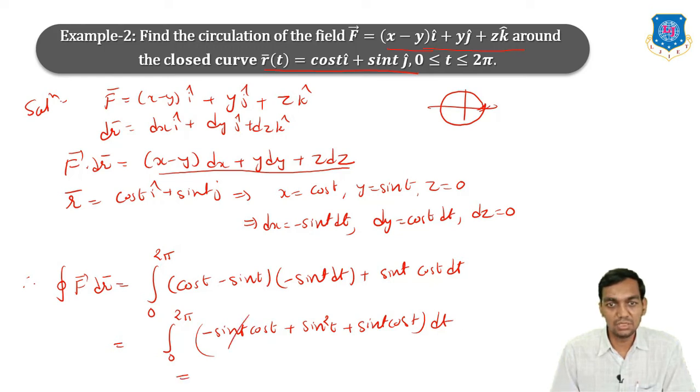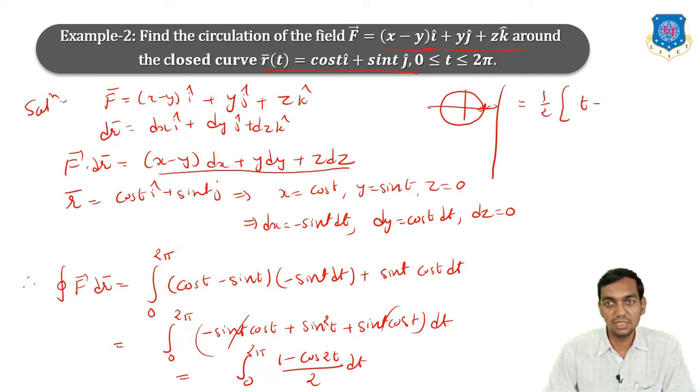So sin t cos t will cancel out, and to integrate sin square we replace it with (1 minus cos 2t) by 2. If you write the integration, it will be 1 by 2 constant, the integration of 1 is t, and the integration of cos 2t is sin 2t upon 2. The limit is from 0 to 2 pi.